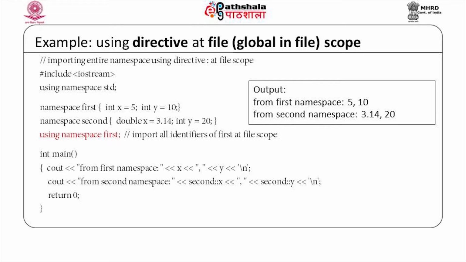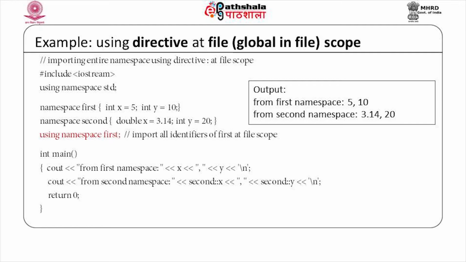So, here again we have two namespaces, first and second, but in this case we have used using namespace first outside the main function, outside the function. That means it is at the global scope, in this case at the file scope.